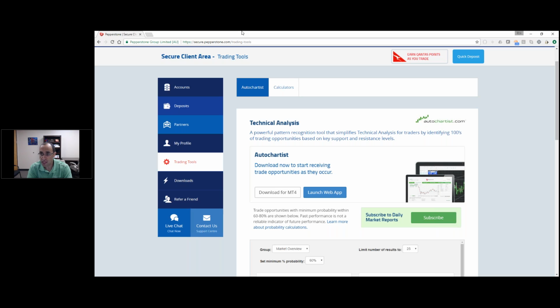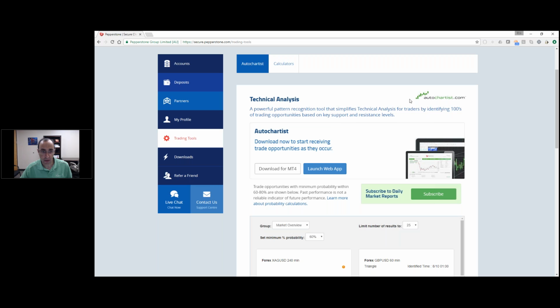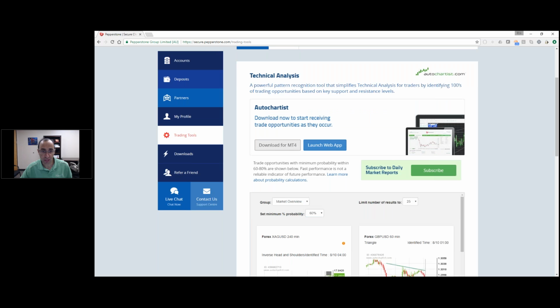So first things first, again, just to recap about how to get to the tool. If you click into the client area and then click on Trading Tools, there's a section called Autochartist. You should see this on my screen. You get a page that says Technical Analysis by Autochartist, where you're able to download the MT4 platform, launch the web application, which we will be doing for today's presentation.